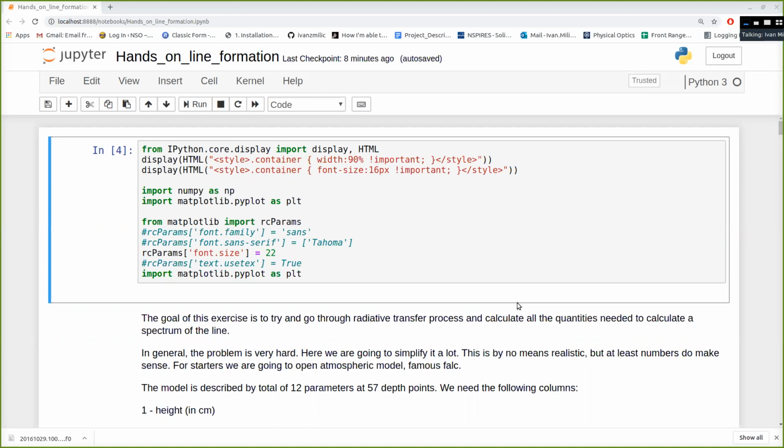As I said, the easiest is if you just clone everything. In there should be a Jupyter notebook, and a dot file called FALC.dat, which contains our basic atmospheric model. Then there are two FITS files, which contain various data about the 6301 and 6302 lines of iron in two different model atmospheres.